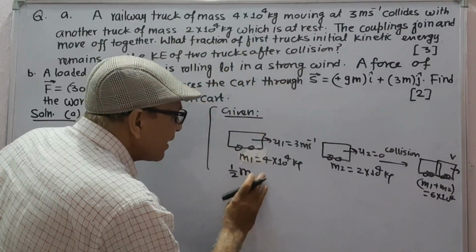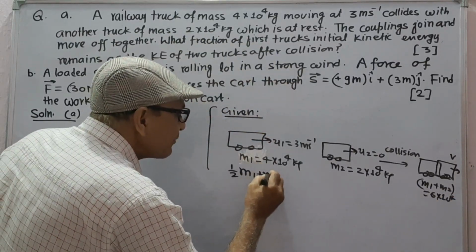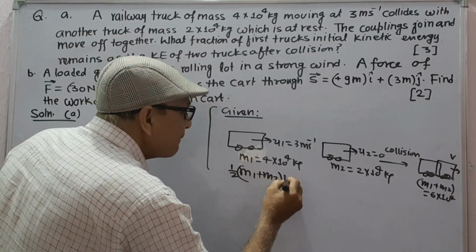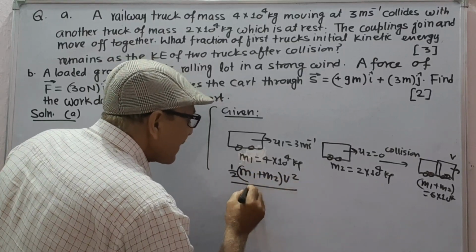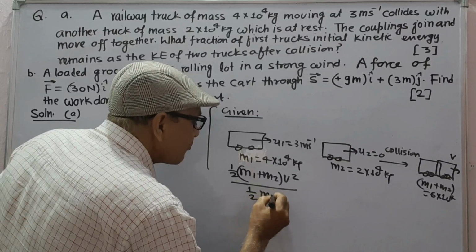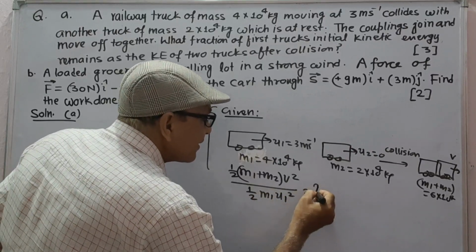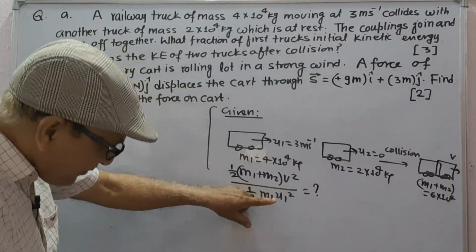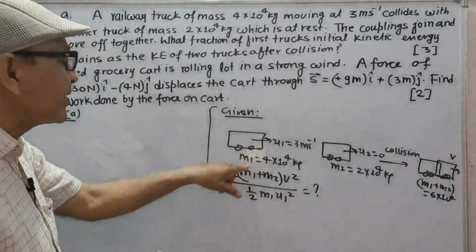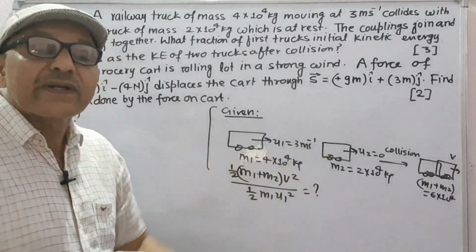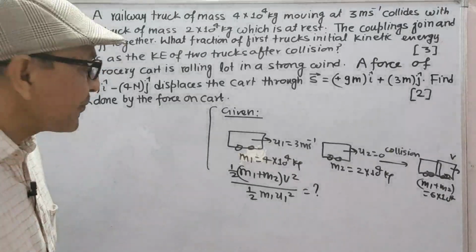We have to find half (m1 plus m2) v squared upon half m1 u1 squared. That is the fraction of the first truck's initial kinetic energy which remains as the kinetic energy of the two trucks after collision.